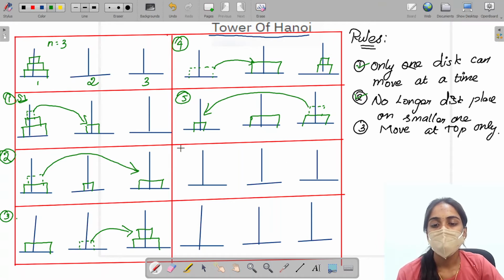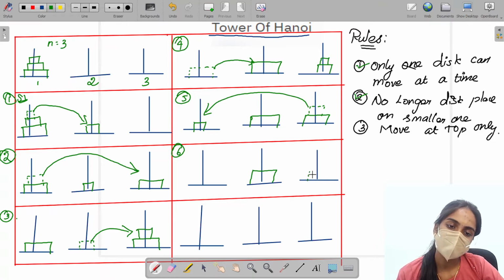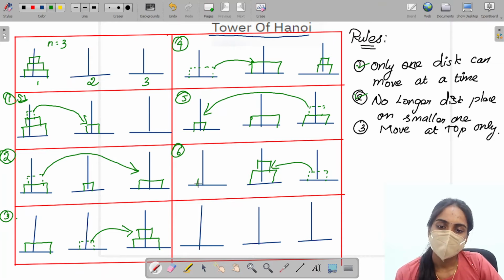Then my sixth move will be to place the second largest on this, like this. Then I am going to move the second largest to here. This is my smallest one. Now, largest.